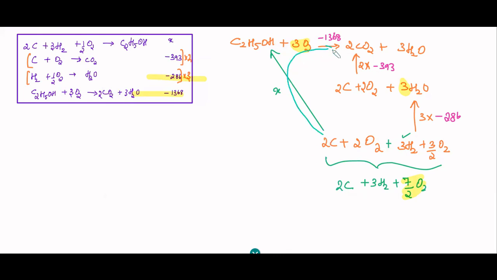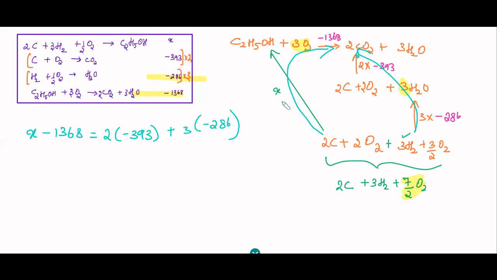So this will be on one side, and this will be on the other side of the equal to. X minus 1368 will be on one side. That will be equal to, the other side will have 2 times minus 393 plus 3 times minus 286. The arrowheads are opposing each other. Wherever the arrowheads are in a flow, I'll put it on one side.